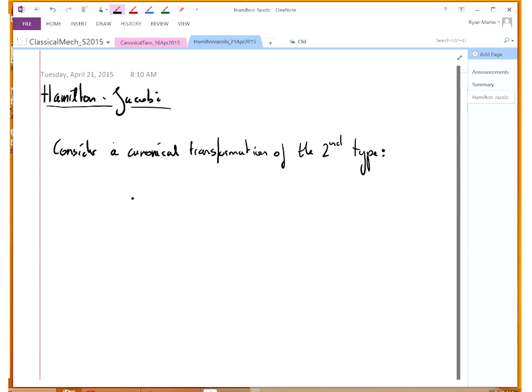If you remember, the canonical transformation of the second type is given when the function F is F2, and for a second type transformation, the mix of new and old coordinates is to have the lowercase q_i's with the capital P_i's and t. And then for things to work out, you have to put in a sum over the number of degrees of freedom of capital Q_i and capital P_i.